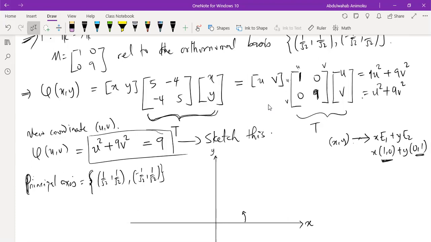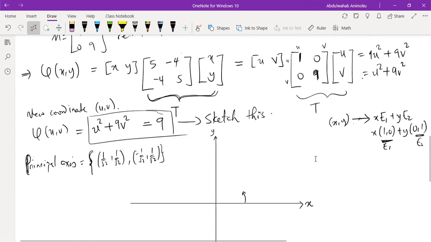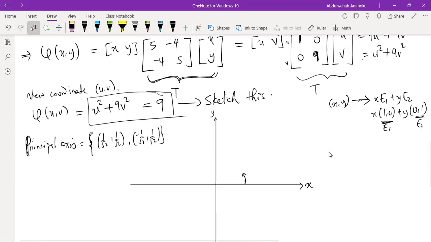We said this was the matrix of transformation relative to these standard bases e1 and e2. So when x is 1, y is 0, this coordinate is guided by e1, and this coordinate is guided by e2. Now we have completely changed e1 and e2 to this new coordinate. So this is the new f1 and f2 that will determine the vectors in the new coordinate system uv.